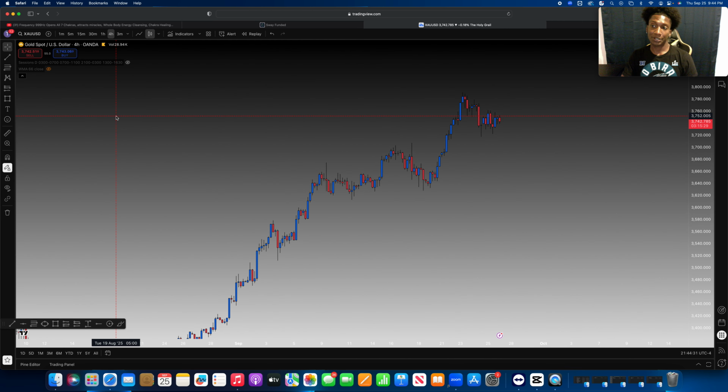Now, when I say uptrend, key term here, uptrend, all I mean is that price has been making structure points like this. And these structure points are called higher highs and higher low points. This is something you're going to have to know. This is the basics right here.